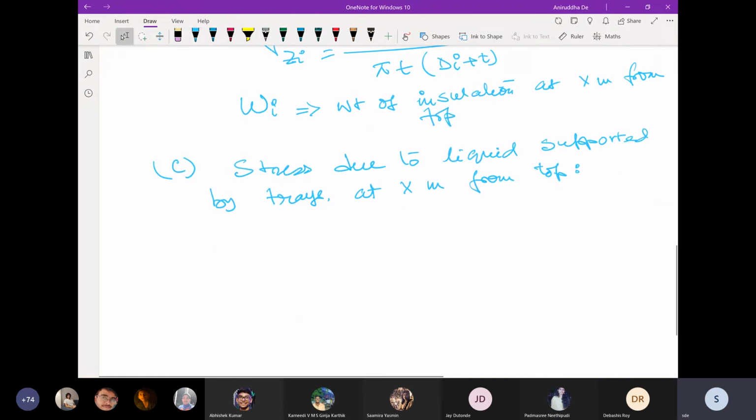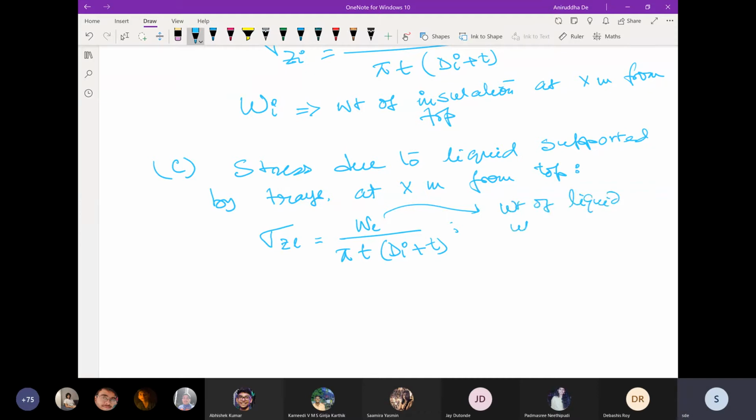Okay, so sigma zl will be wl divided by pi t (di plus t). Okay, wl is basically the weight of liquid up to height x meter from top.